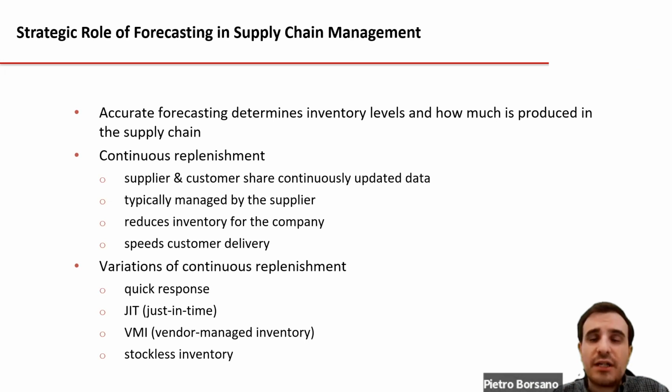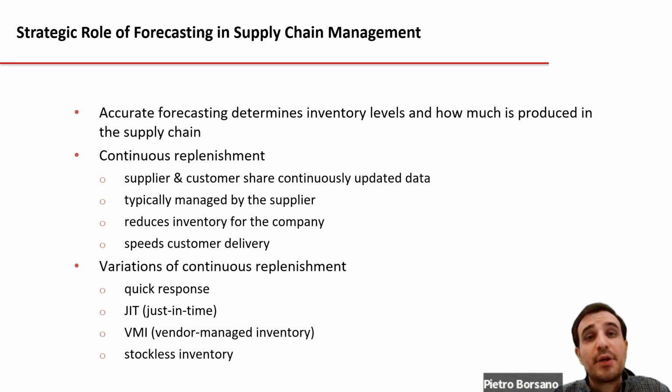It's essentially the sharing of updated data between supplier and customers so that all companies can be at the same time aware of what is going on and they can plan accordingly. This continuous replenishment generally is managed by the supplier. This will lead to reduced inventory for the company and also will speed up the delivery to the customer.